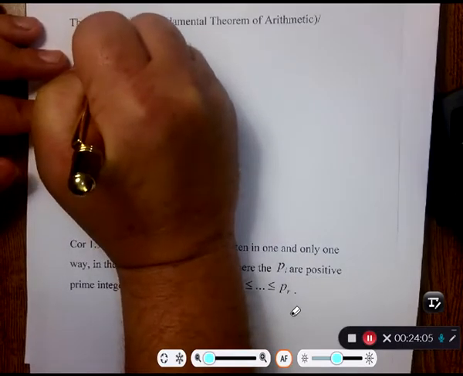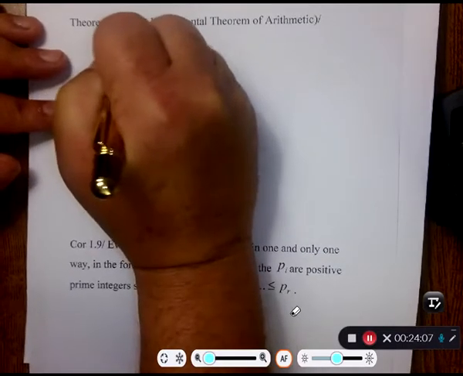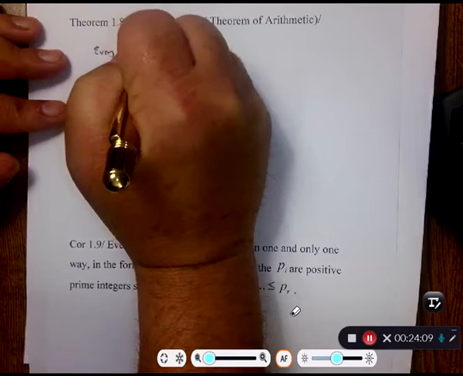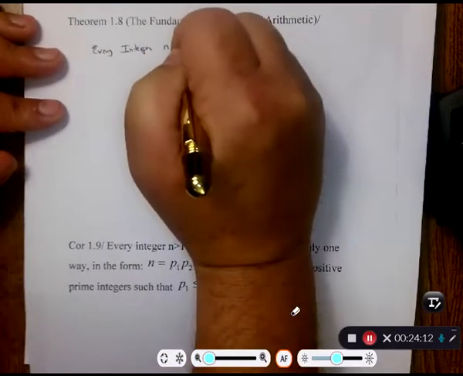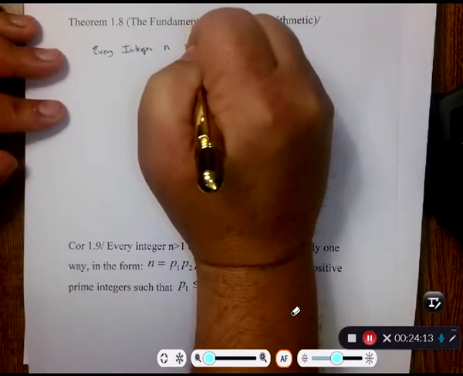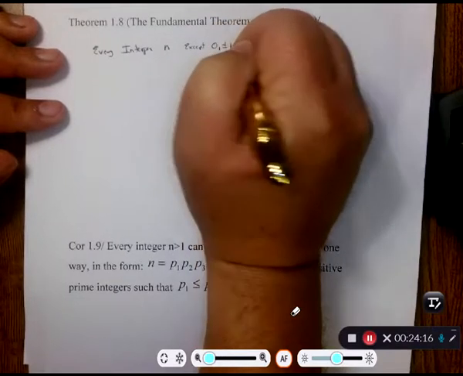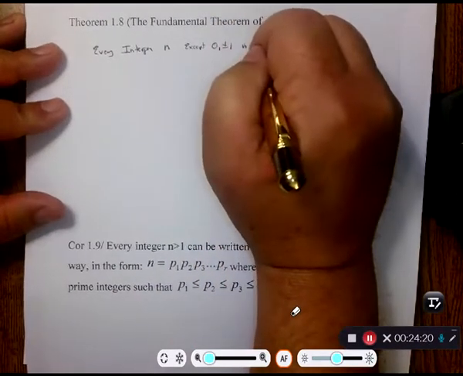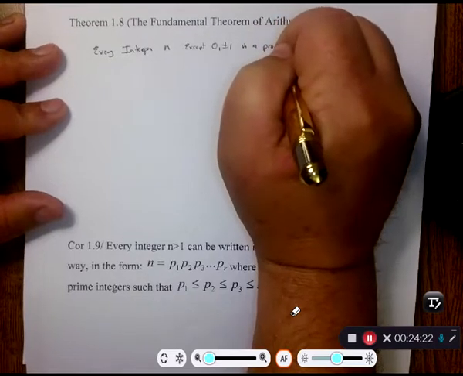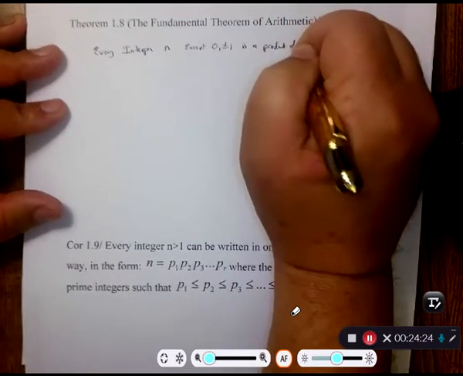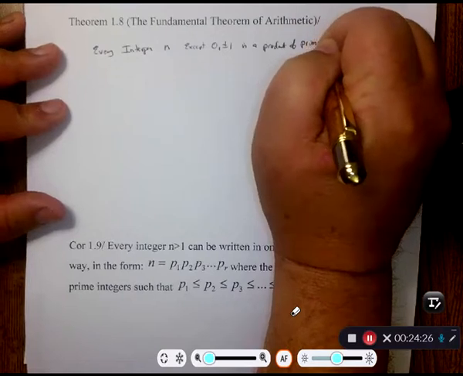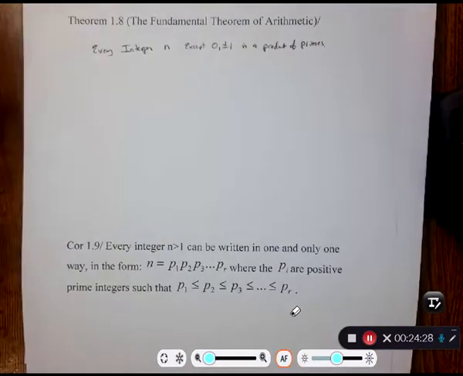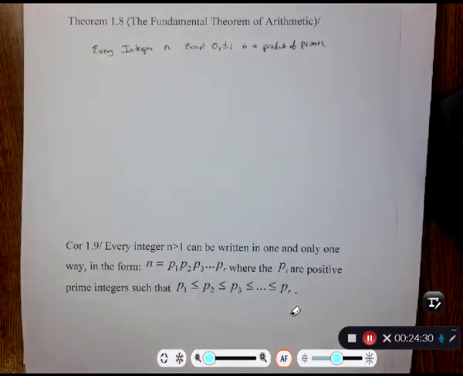Every integer n except 0 and plus or minus 1 is a product of primes. And here's a little bit more.